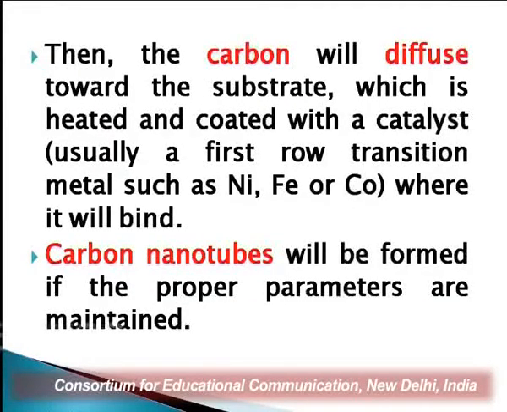Then the carbon will diffuse towards the substrate, which is the quartz, heated and coated with a catalyst. Usually we use various catalysts like iron, cobalt and nickel, where it will bind, and from there it is extracted, and in this manner we can get the carbon nanotubes.